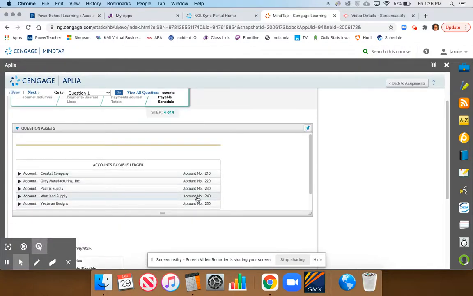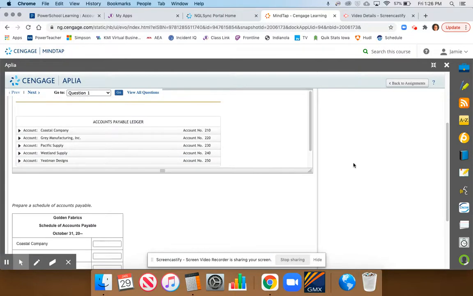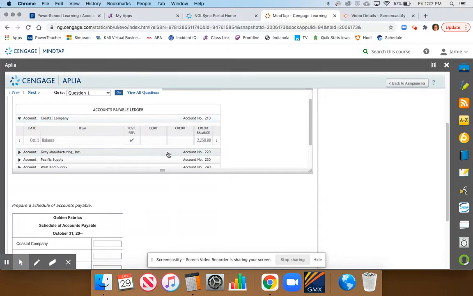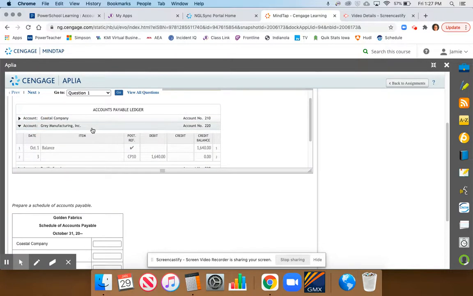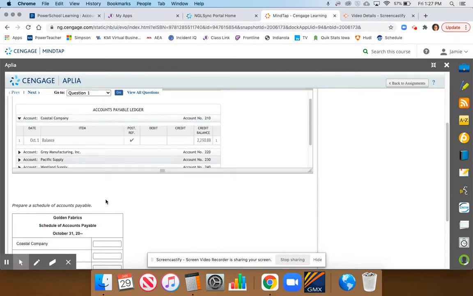The final step, step 4 of our 9-5 work together, we need to post each of these individual amounts, bring them from our accounts payable ledger into our schedule of accounts payable. It's simply transferring the numbers from the ledger into the schedule.